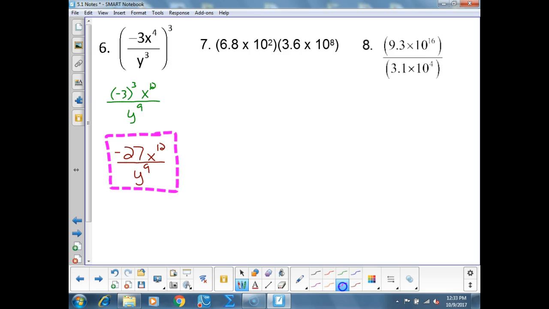Here, in scientific notation, this is really 6.8 times 3.6 and 10 to the 2 plus 8 power. Multiply the numbers together and add the exponents.